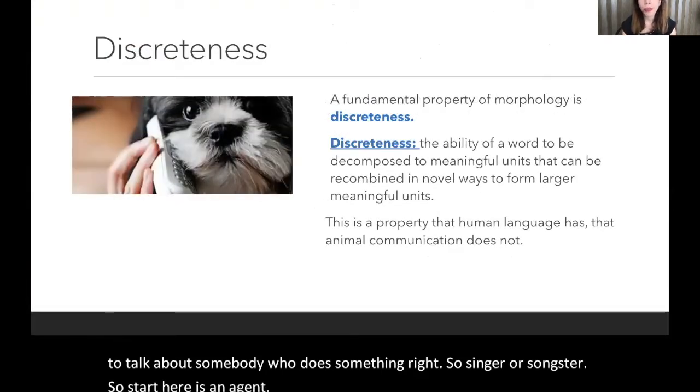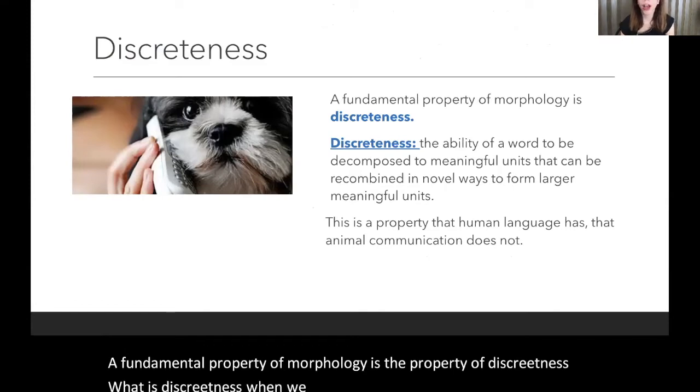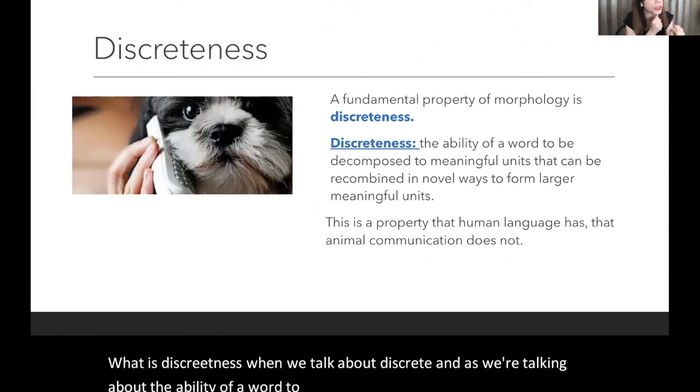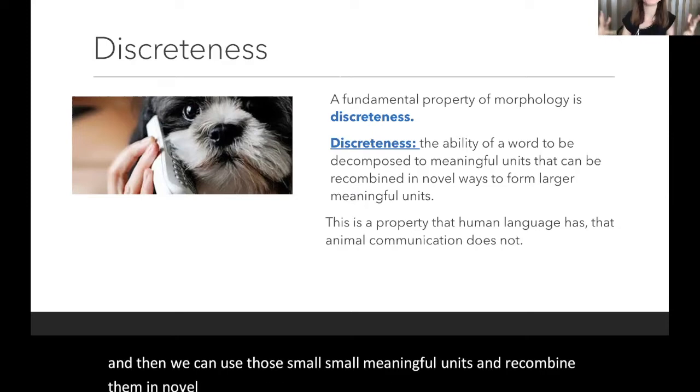A fundamental property of morphology is the property of discreteness. What is discreteness? When we talk about discreteness, we're talking about the ability of a word to be decomposed into smaller meaningful units, and then we can use those small meaningful units and recombine them in novel ways to shape a new word.